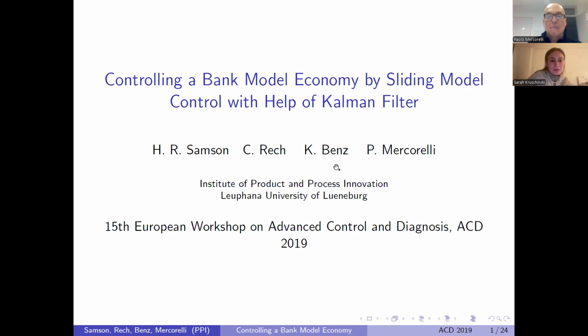Look at the title. Yeah, here we have another paper, more interesting. Instead of sliding mode control, we have a model predictive control. It's not a strategy, but with help of the Kalman filter. This means the controller, in order to predict what I can do tomorrow, needs to estimate some variable which is not easy to get.